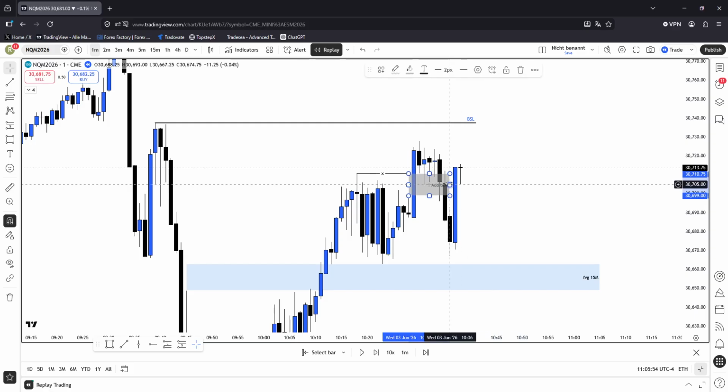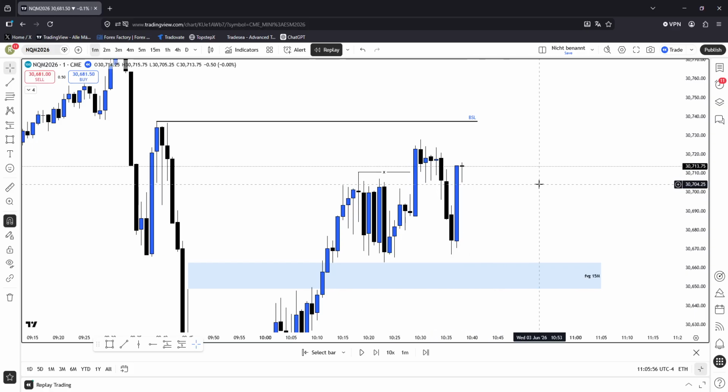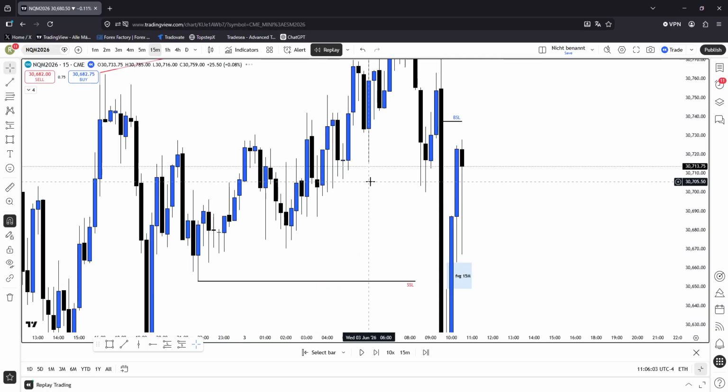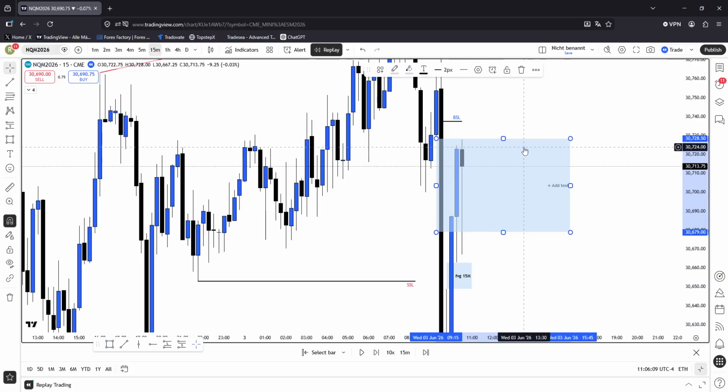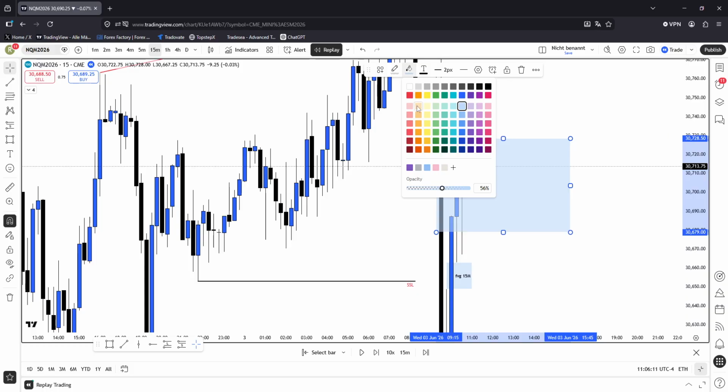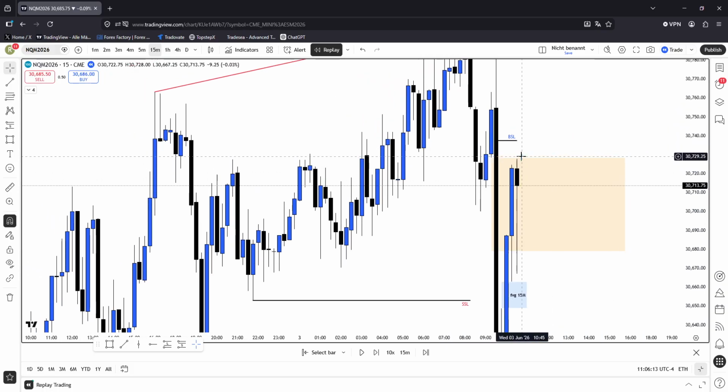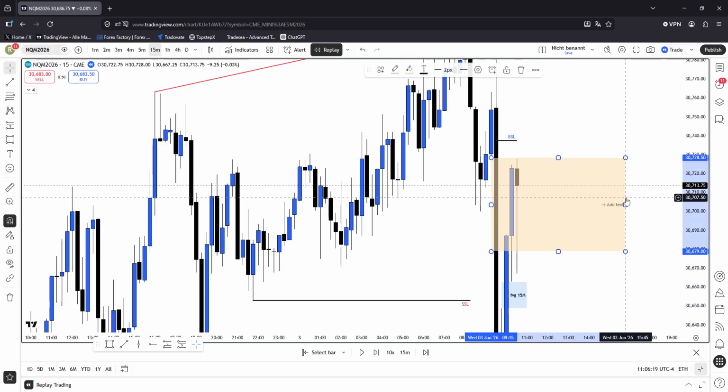That was a point where I had to be really, really patient, and simultaneously look at the 50-minute charts to not get an inverse of our previously marked 50-minute FVG here. I didn't want to see us close above here and sweeping it. I wanted to see a sweep and close inside this 50-minute fair value gap.